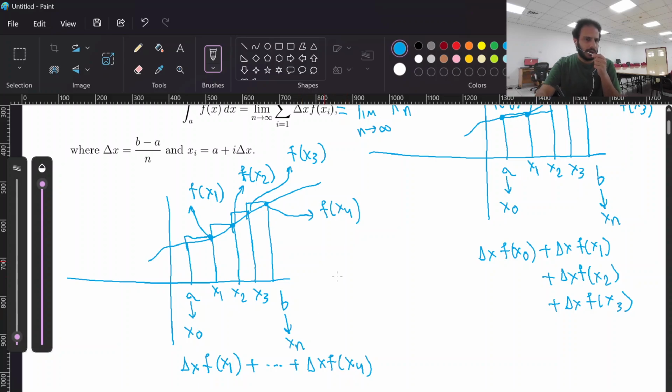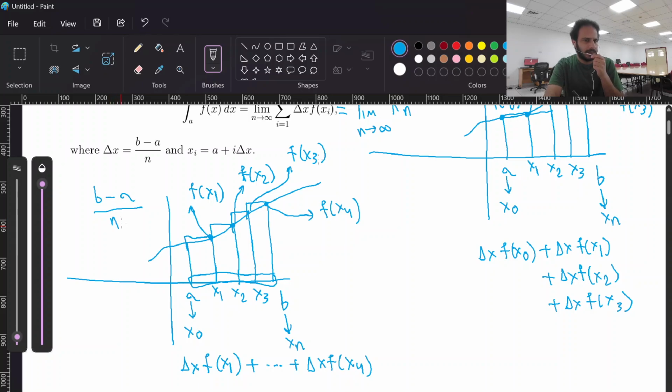If you divide it into n sub-intervals, all of equal width, then the width of each rectangle is the whole distance, b minus a, divided by the number of rectangles, because I want the width of one rectangle. So in general, b minus a over n.